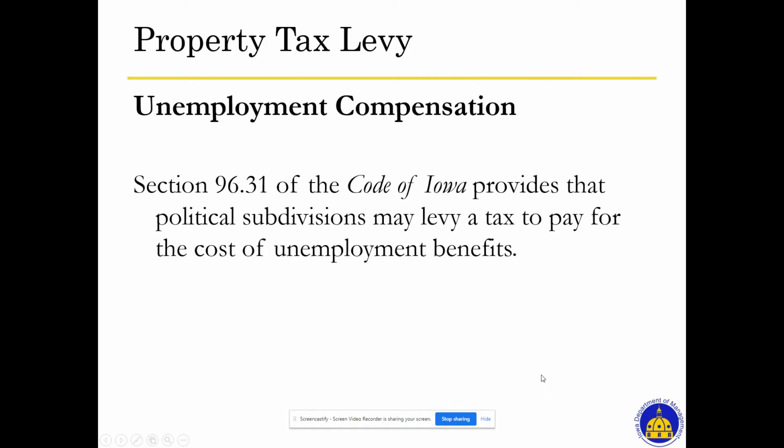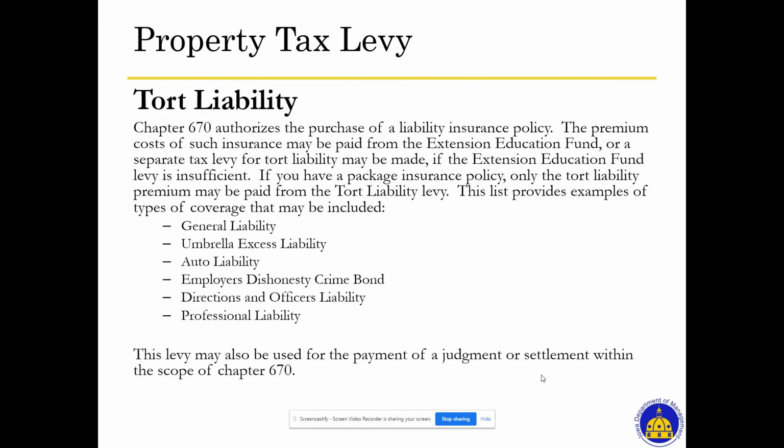You also have available to you, if applicable, the Unemployment Compensation Levy. Section 96.31 of the code provides that a political subdivision may levy a tax to pay for the cost of unemployment benefits. You also have a tort liability levy under Chapter 670. It authorized the purchase of liability insurance, and the premium of such insurance can be paid from the Ag Extension Fund, or if that's not sufficient, then you can levy separately.